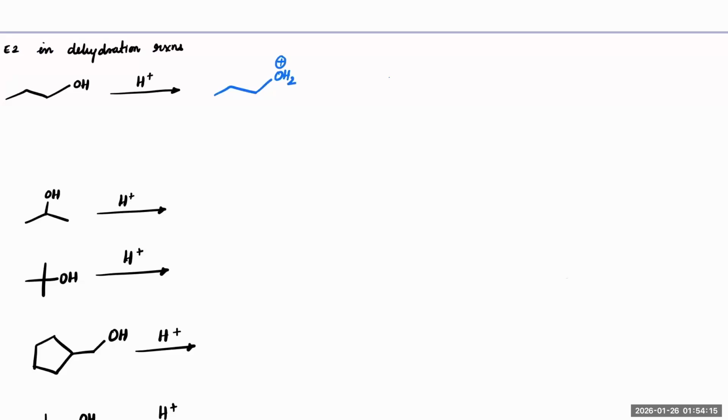OH2 plus is a very good leaving group. If it is going via E2 mechanism, if at all that is being mentioned, you will directly get this product. If it is via E1 mechanism, which means first you need to make a carbocation, leaving this water, and the carbocation has to be stabilized, and thereafter you have to perform elimination. That's how you'll get this double bond.